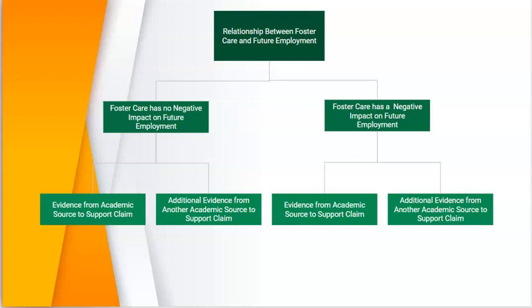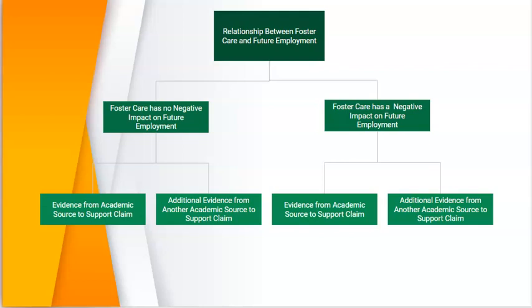On one hand, we have foster care has no negative impact on future employment, and on the other, foster care has a negative impact on future employment. So both of those are clearly stated arguments. Now we're moving into the neighborhood where we can say that we have multiple perspectives.